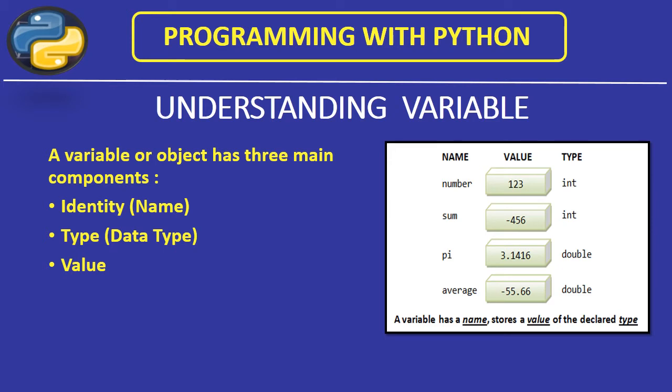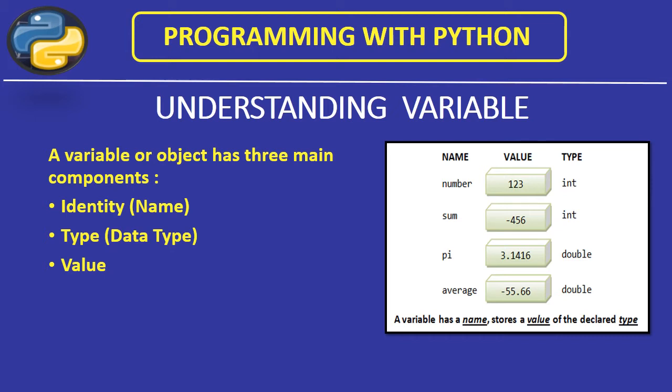You can understand with the help of this diagram that on the left hand side the variable names are here: number, sum, pi, average, and in another column the values are here for the variables, like this: number 123, sum minus 456, pi 3.1416, average minus 55.66.